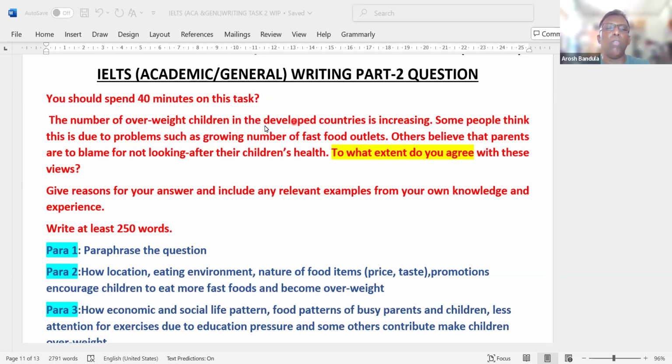So that is one controlling idea. Some people believe the reason there is a large number of obese or overweight children in developed countries is a lot of fast food outlets.